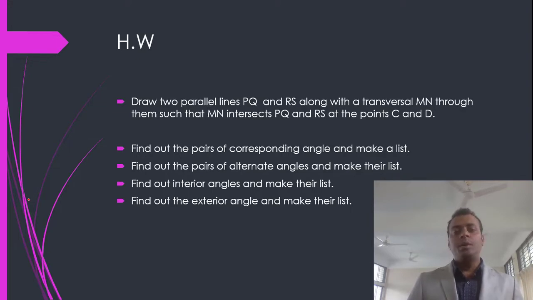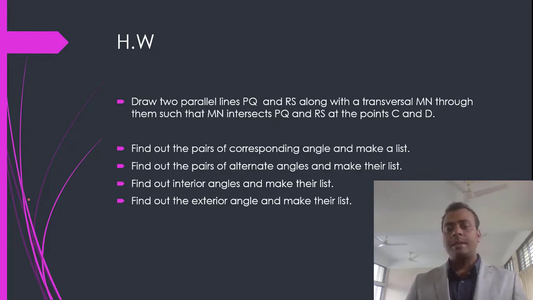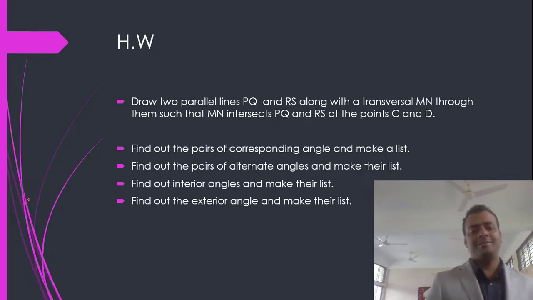HW are: draw two parallel lines PQ and RS along with a transversal MN such that MN intersects PQ and RS at the points C and D respectively. Find out the pairs of corresponding angles and make a list. Find out the pairs of alternate angles and make their list. Find out interior angles and make their list. Find out the exterior angles and make their list.